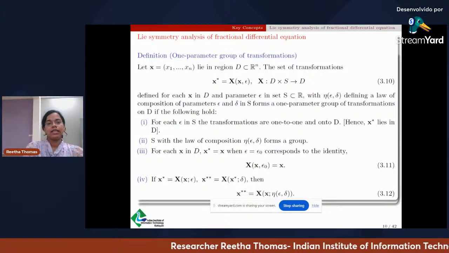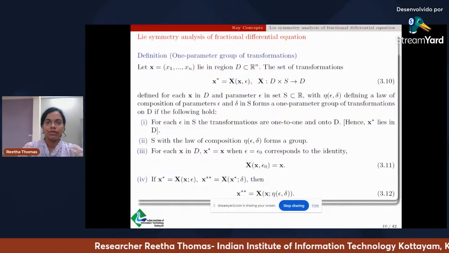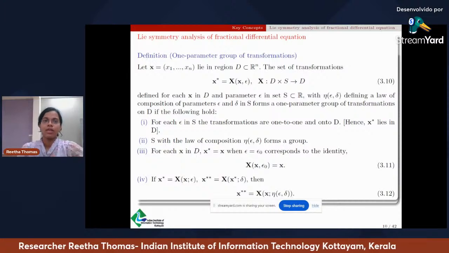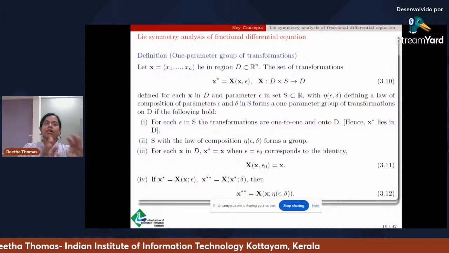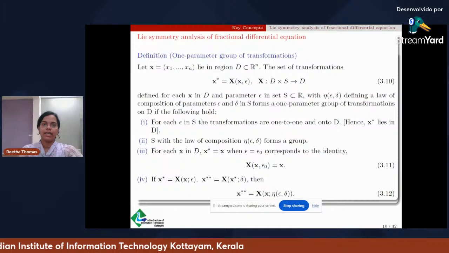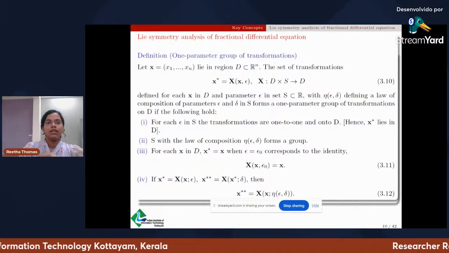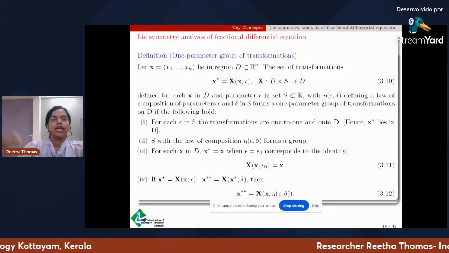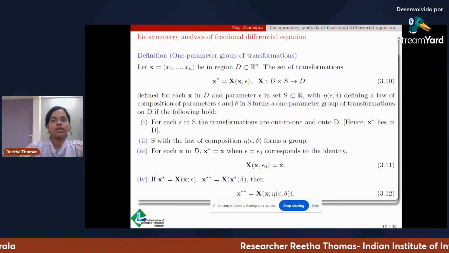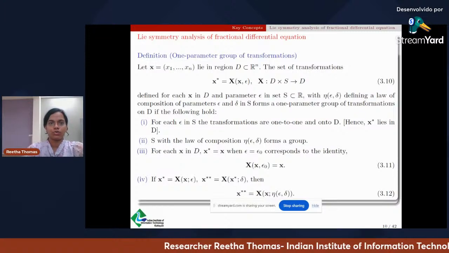He considered the symmetries for differential equations, which are continuous symmetries. So he introduced Lie symmetry for differential equations, and we can extend that concept to fractional differential equations and obtain the exact solution.